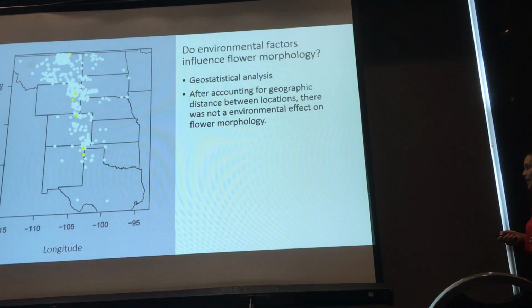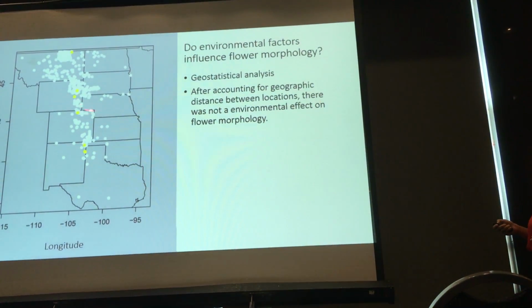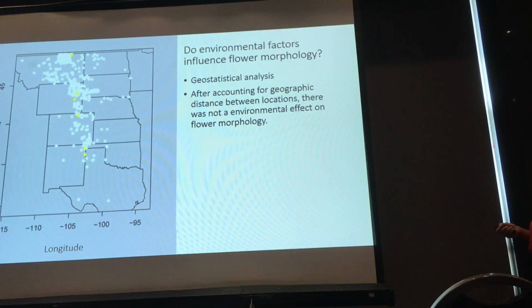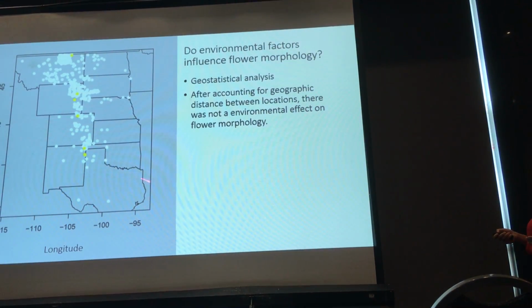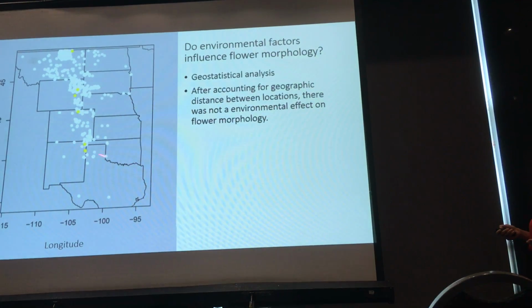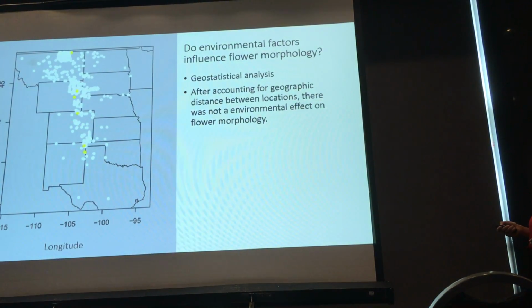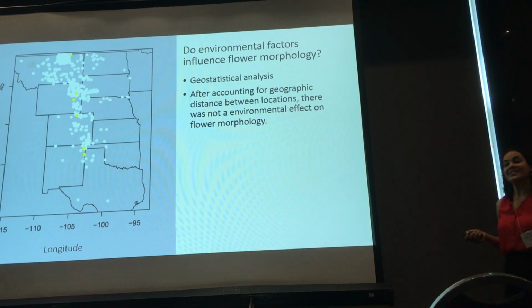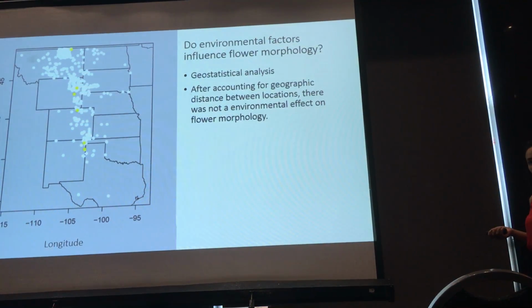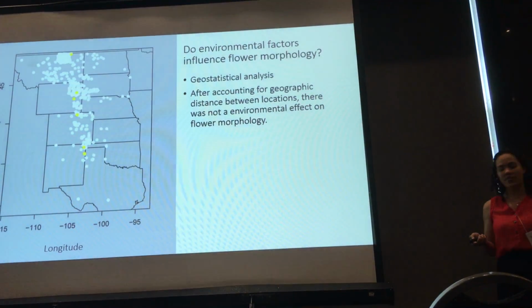However, this could be because I have gaps between my sites and my sample size. I have about 10 populations, which is large, but could be not enough to actually find a significant effect. So I did find an effect, but it wasn't statistically significant.